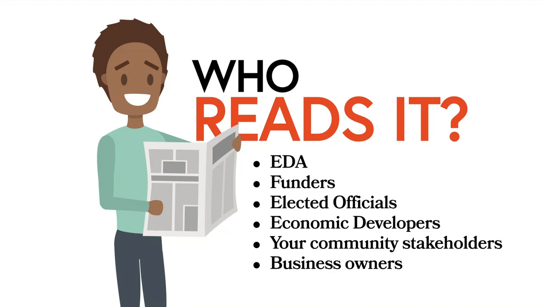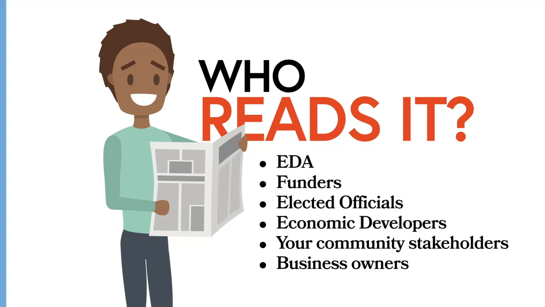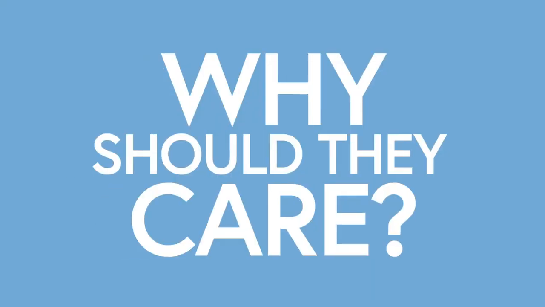Even economic developers have some understanding of the language you're using, but when you start looking at your community stakeholders and business owners who could have great value or learn something from your document, they may not understand really what you're saying in it. And so it's important for us to think about who's reading it, and then more importantly, why should they care?